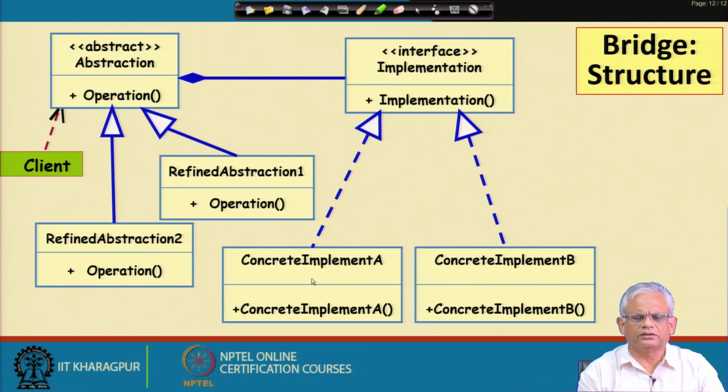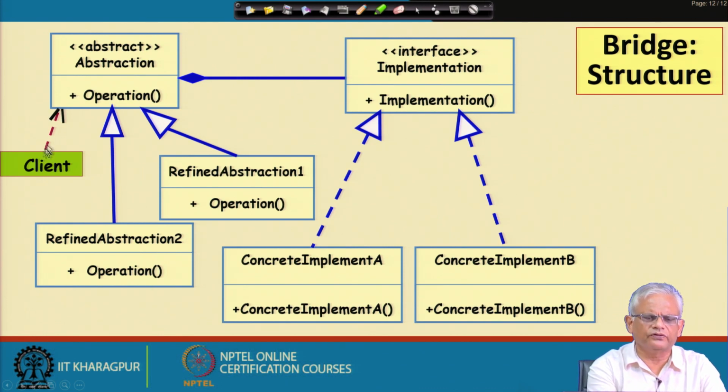We can redraw the structure like this, the same one. Here the abstraction is an abstract class and many operations are defined. The refined abstractions are concrete classes. These are application domain classes.